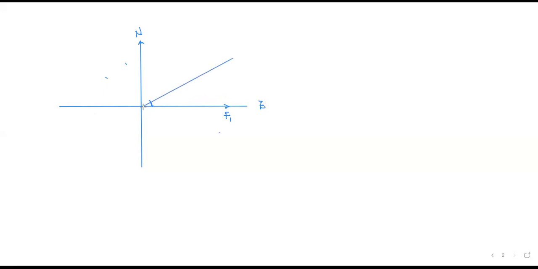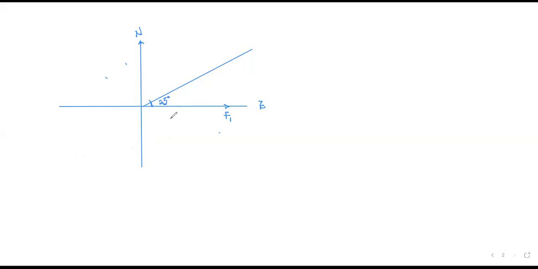So this line must be my resultant, and the angle between F1 and the resultant must be 25 degrees.